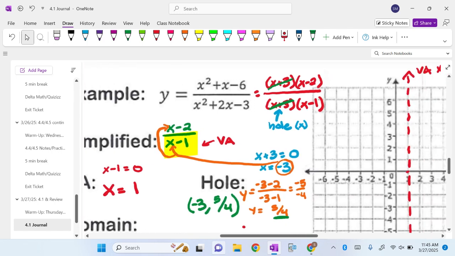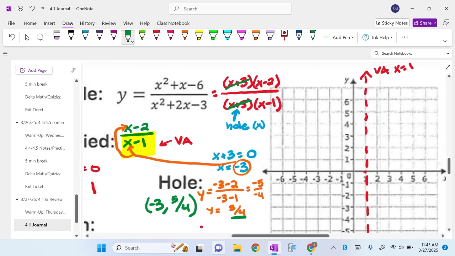So graphing my hole, I'm going to go over to negative 3 and then 5/4, which is a little bit over 1, so about right here. And I'm just going to draw an open circle. That's my hole. So at this point right here, there's nothing, just empty space. It won't be part of my graph.